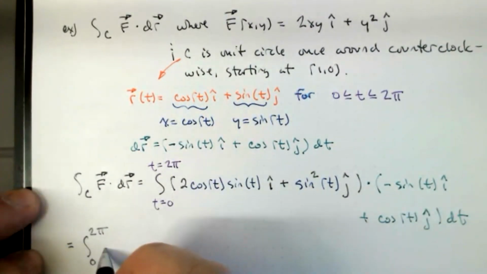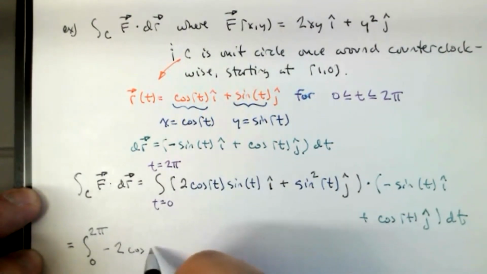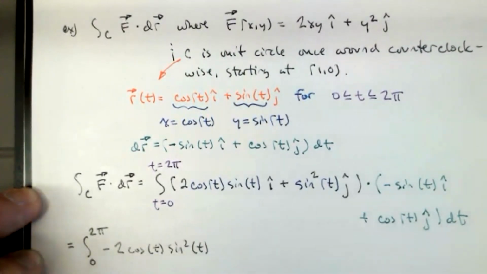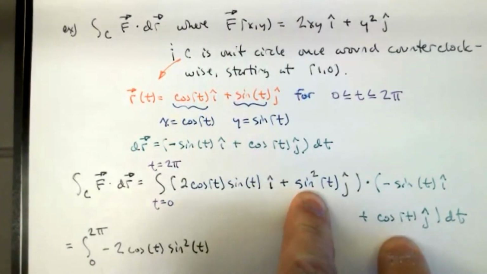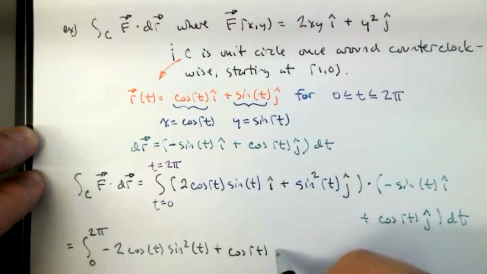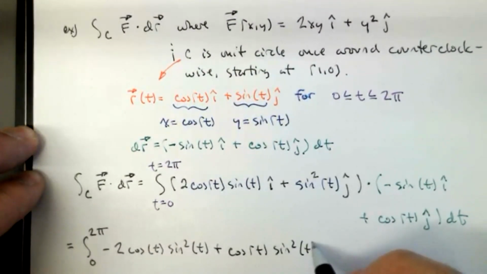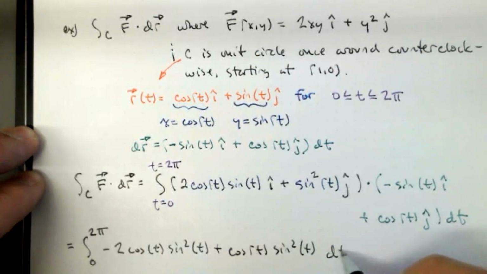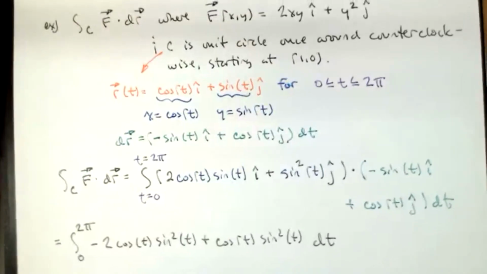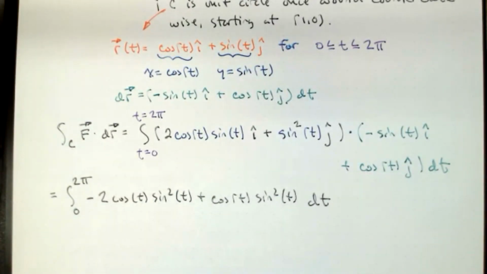So minus 2 cosine t sine squared t plus sine squared times cosine squared, right. We're just finding the dot product, evaluating the expression at all the points on the curve.